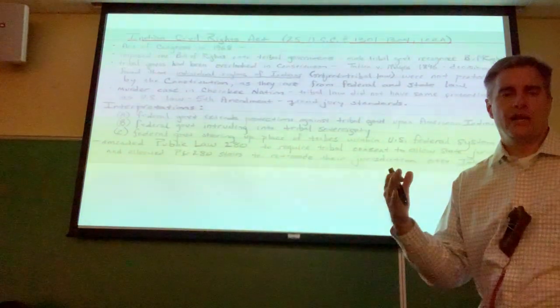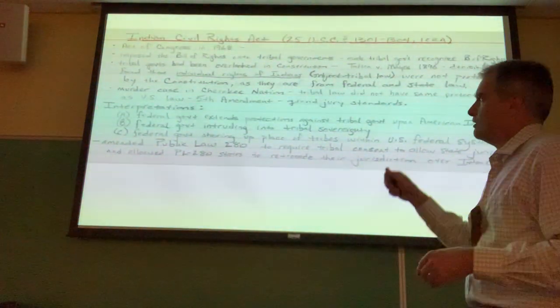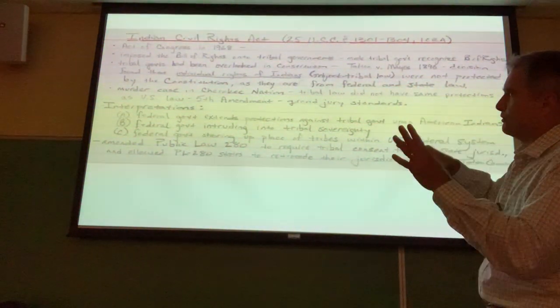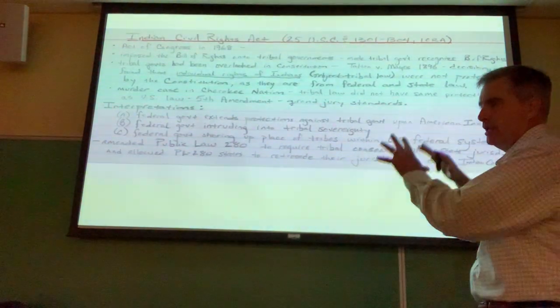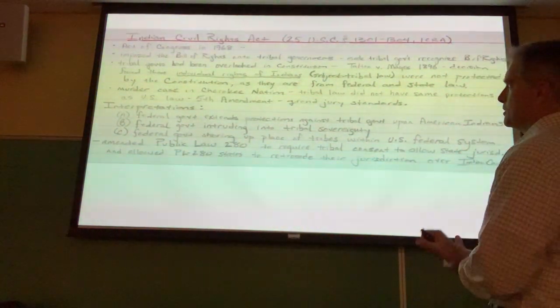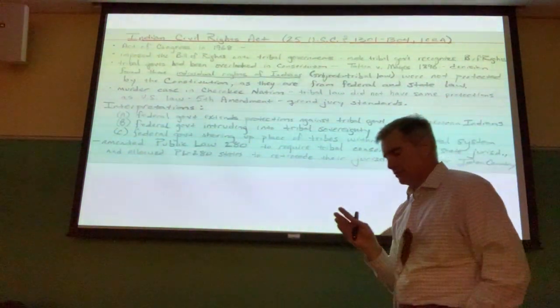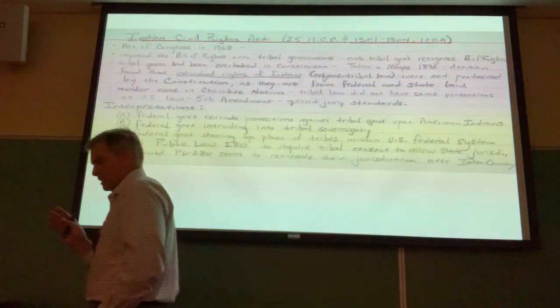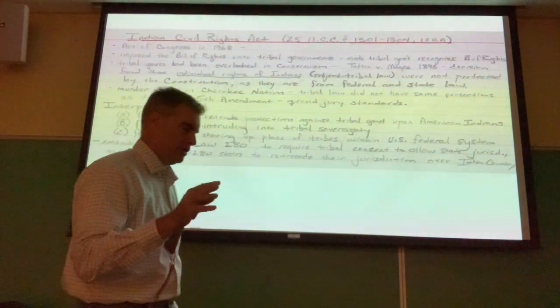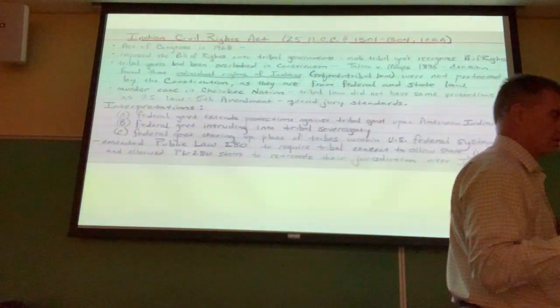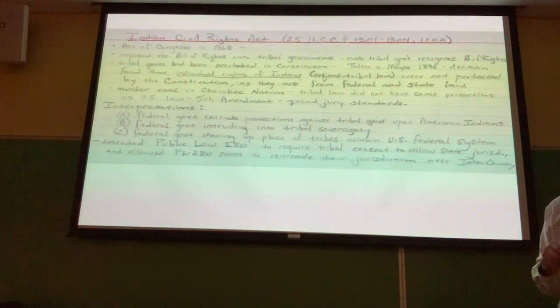This is a violation of the Equal Protection Clause. So the Indian Civil Rights Act was a correction, for the most part, for Indian people relative to their tribal governments. So again, you think of this, all right, is this good for tribal sovereignty, or is this a reduction or a dilution of tribal sovereignty?